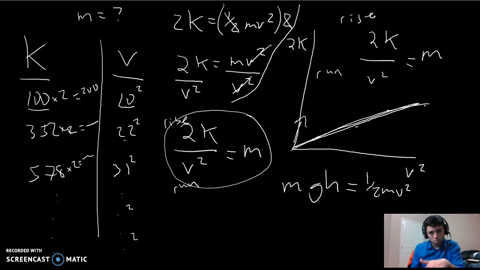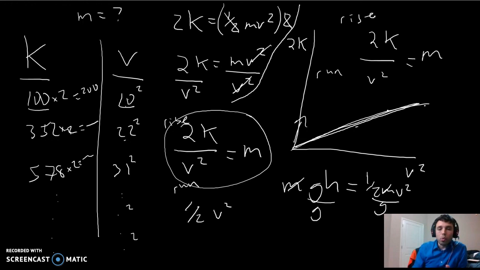You know how we've been talking about how energy is transformed, and say, okay, well, the m's will cancel, and maybe I'm trying to find h. So if I divide by g, I get 1/2 v squared over g equals h.